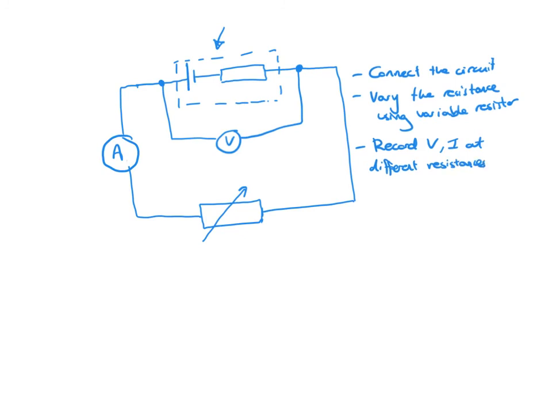So we will record the potential difference at different values of current, and then we can plot to analyze the experiment and get the internal resistance.